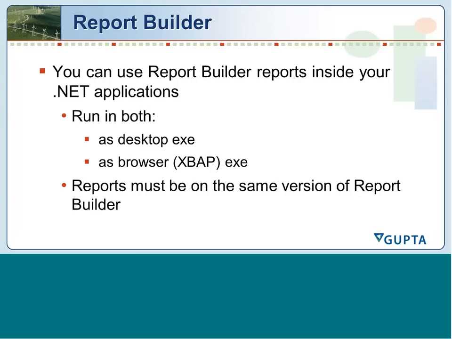Well, maybe it works, but there's no guarantee because, again, in Team Developer now everything is in Unicode, and you pass Unicode data to an ANSI report, and maybe you will not see all the data in a correct way, and it's very, very dangerous. So please open your report in Report Builder 6.x, save this report, and the job is done at this point.